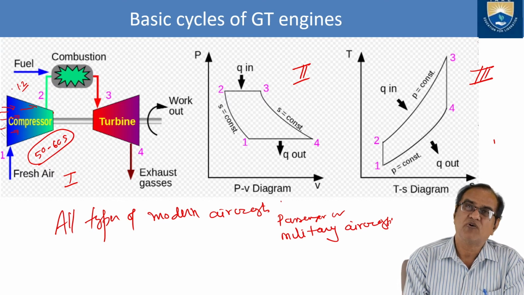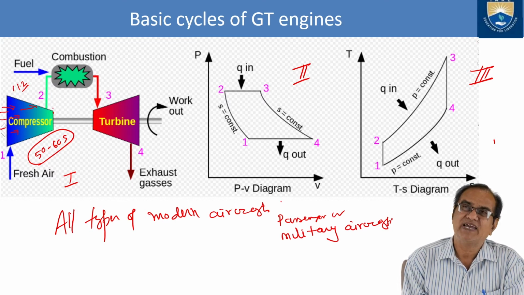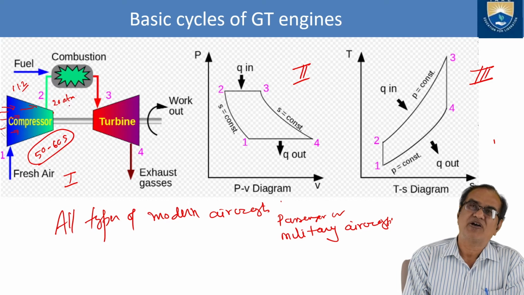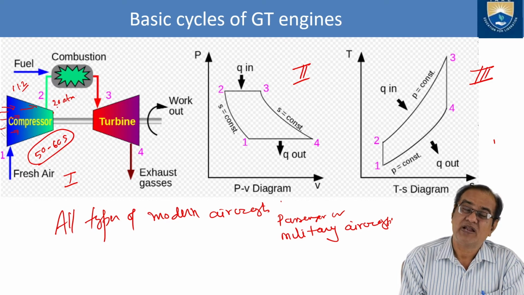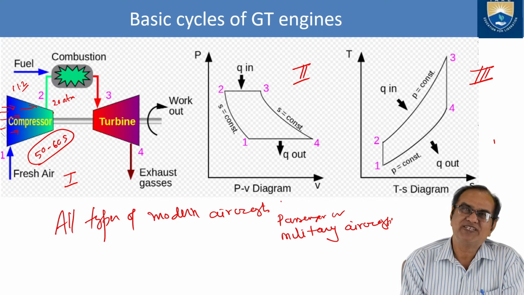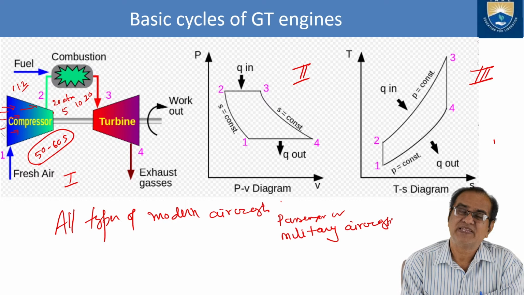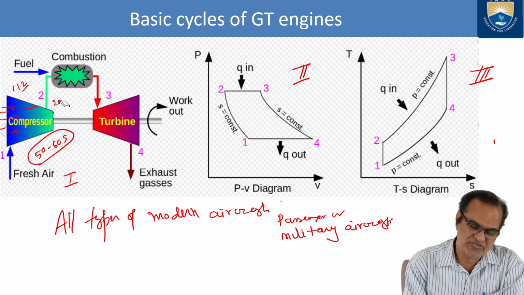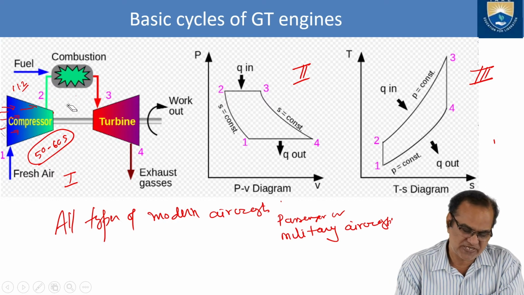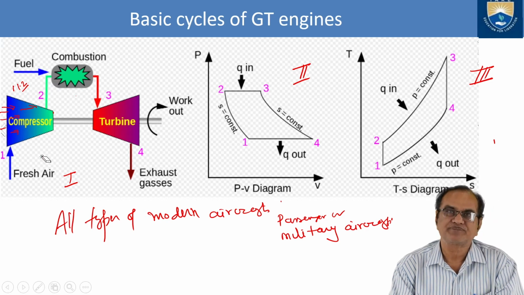So if it is 1 atmosphere here, at the exit of this compressor you may get 20 atmospheres. It depends upon the number of stages. If it is a small engine, you may have 5 stages. Medium, you have 10 stages. If it is a big power, then you have 20 stages. So these are 5, 10, 20. I have given in numbers. This depends upon how much load your aircraft is able to carry.